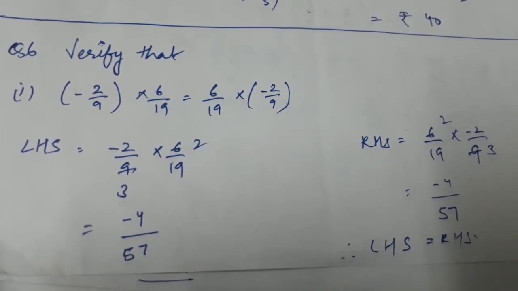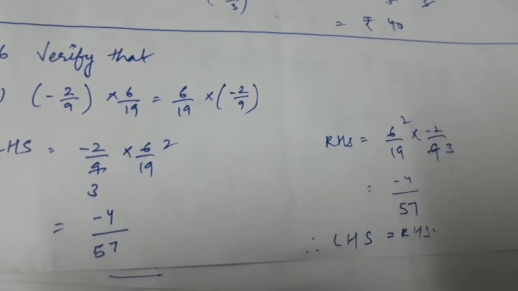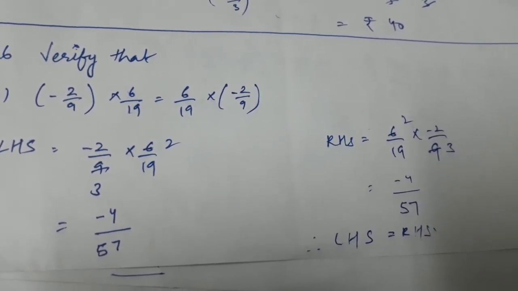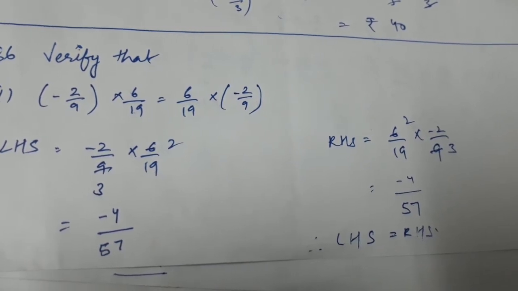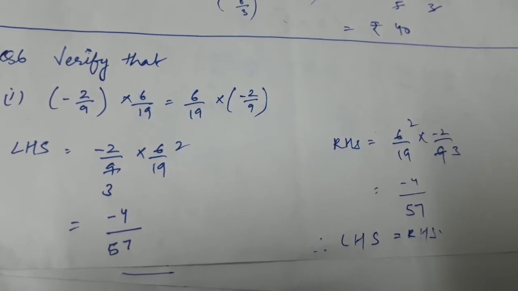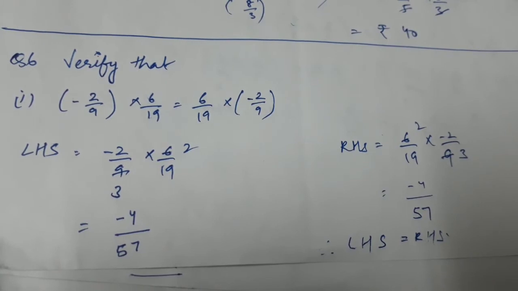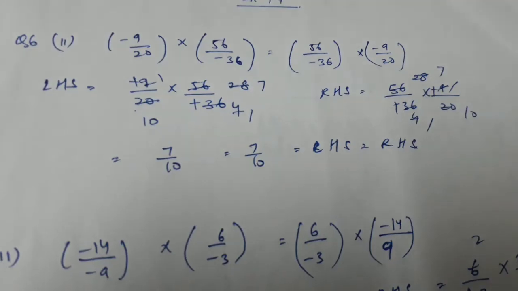After cancellation, the answer would be minus 4 by 57. On the other hand, right hand side, 6 by 19 into minus 2 by 9. After cancellation, the answer would be minus 4 by 57. So therefore, LHS equals RHS. So we can say that in this part, the commutative property of multiplication is satisfied.